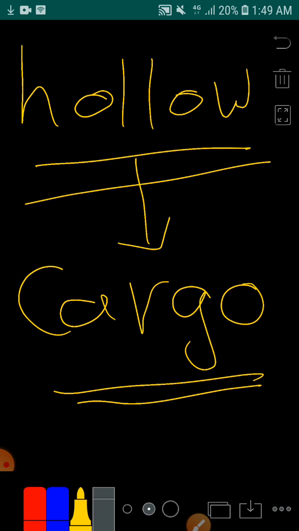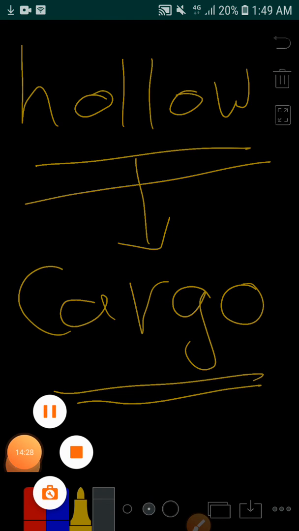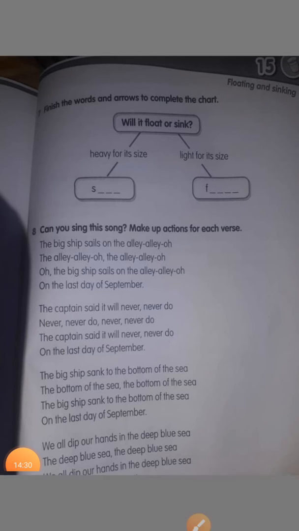Okay, let's answer the workbook now. This is our workbook, page 63. This is only a song, nothing to solve. Here we only read together. Will it float or sink?